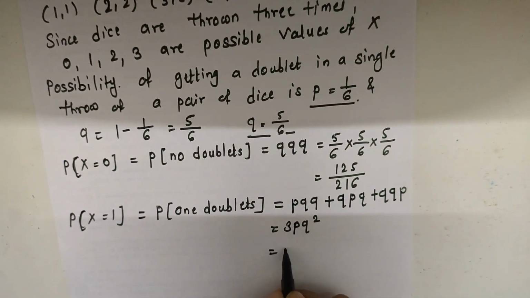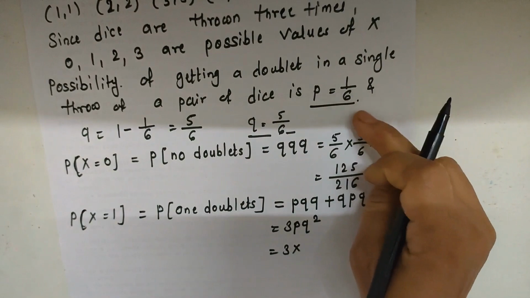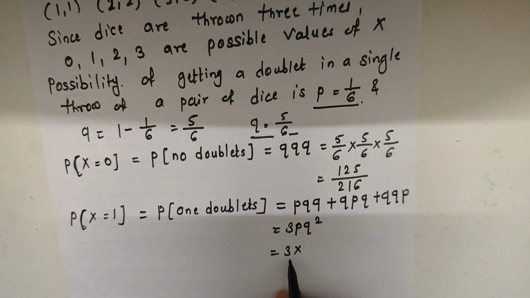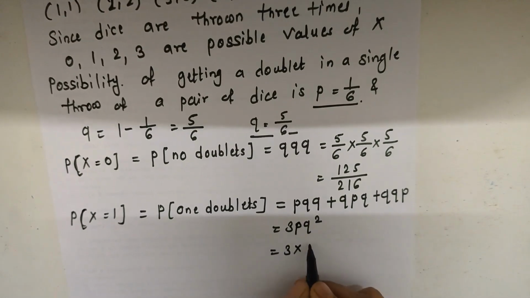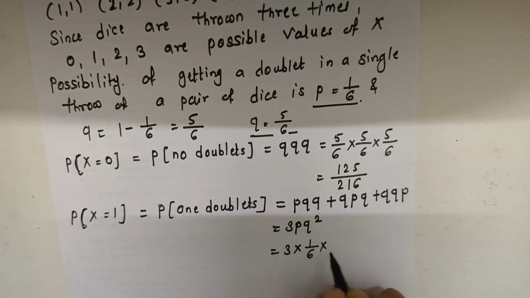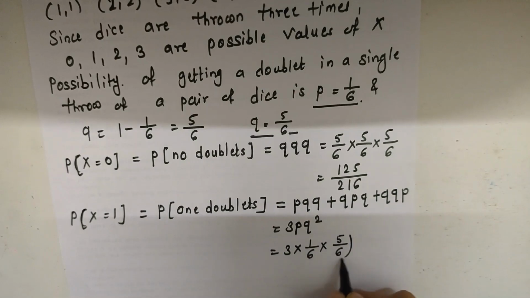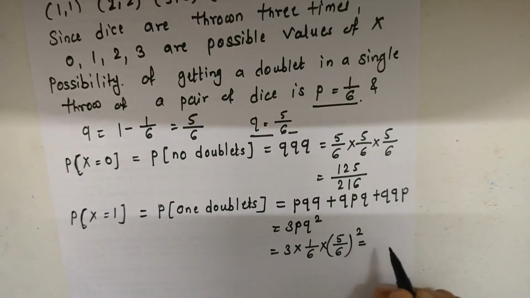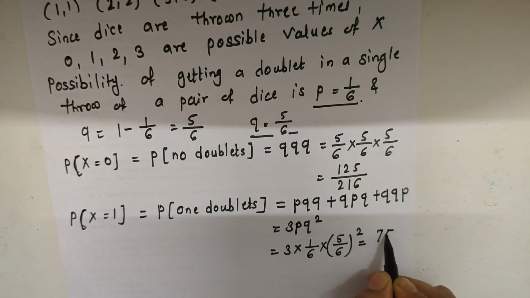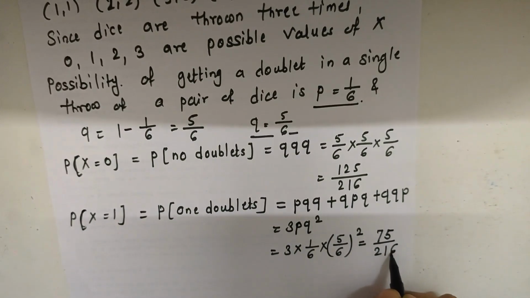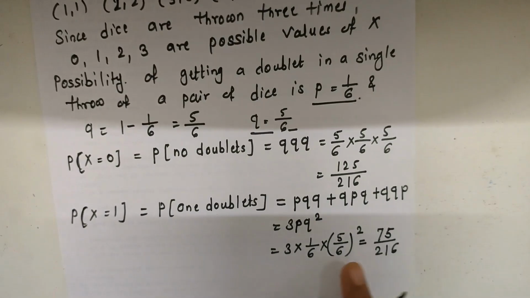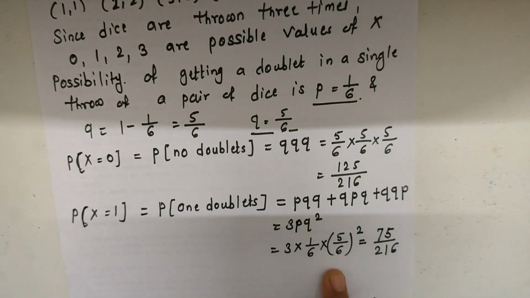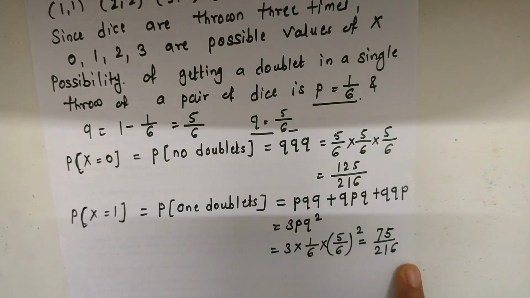The values of P and Q are 1 by 6 and 5 by 6, so 3 into 1 by 6 into 5 by 6 square. The value of this is 75 by 216, since 5 square is 25, 3 into 25 is 75, and 6 cube is 216.